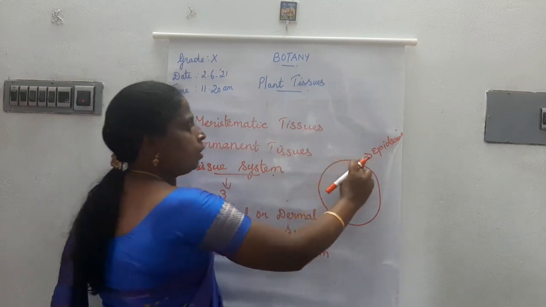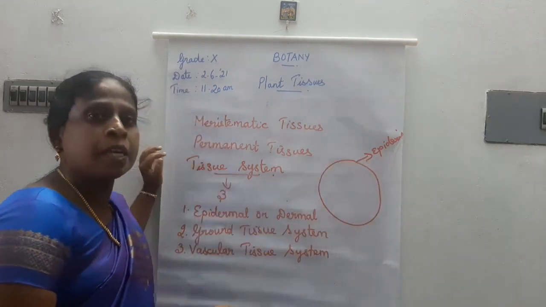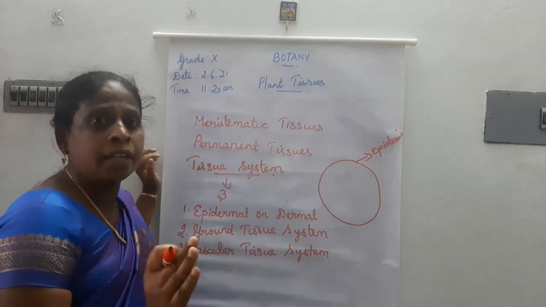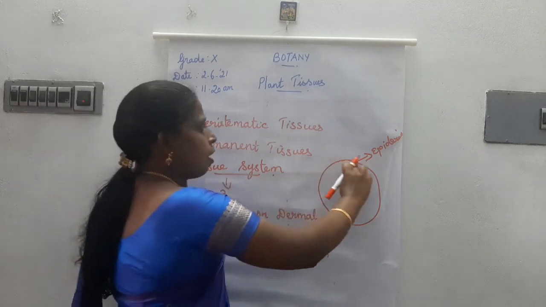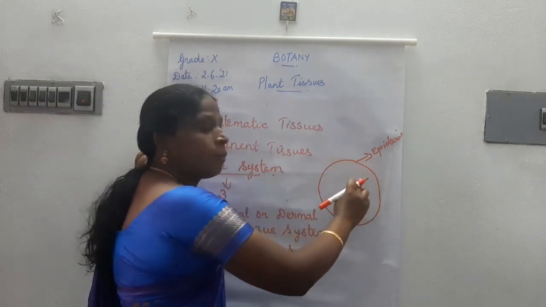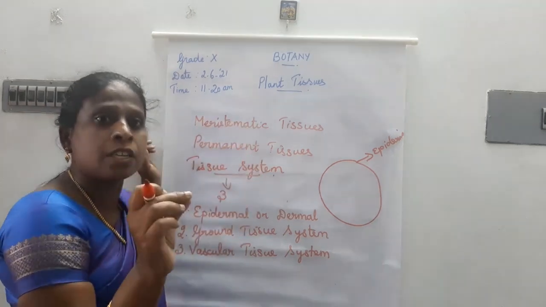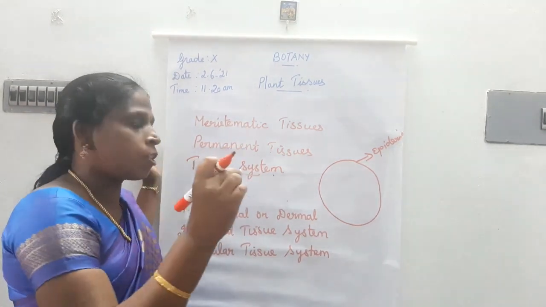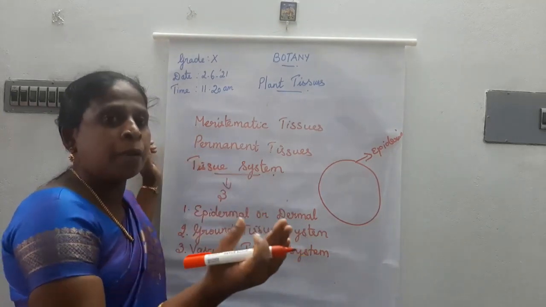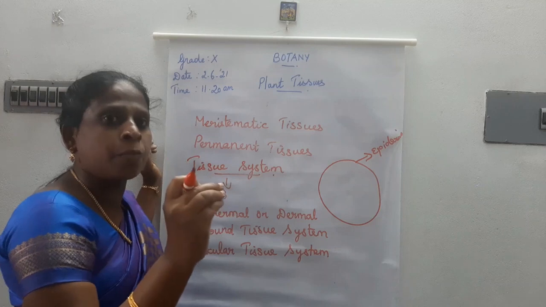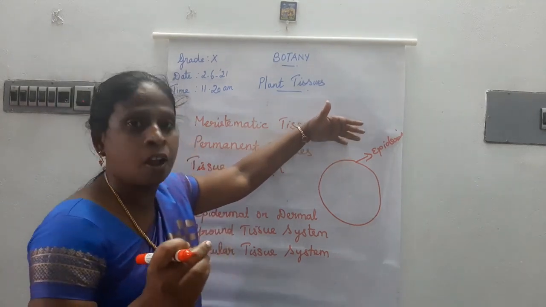The dermal tissue system consists of epidermis, stomata and epidermal outgrowths, such as trichomes or root hairs. In the leaves and the stem, the outgrowths are called trichomes.